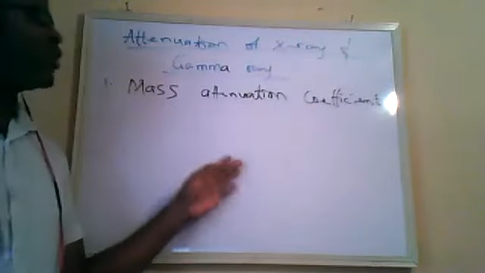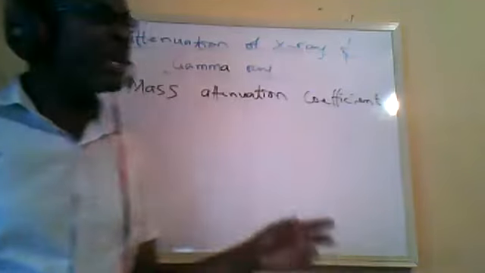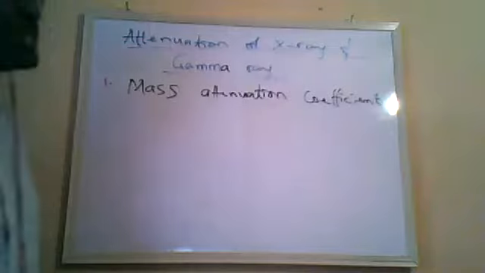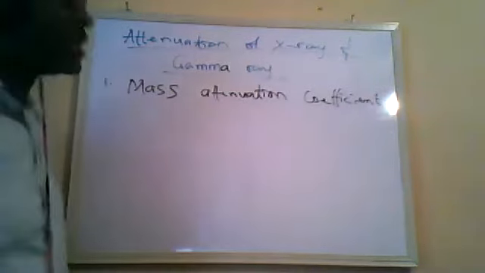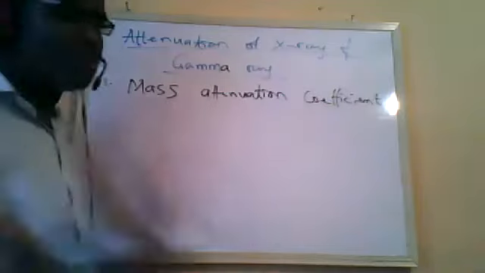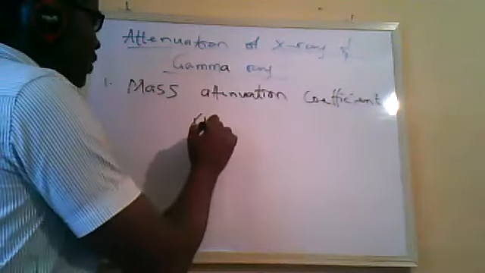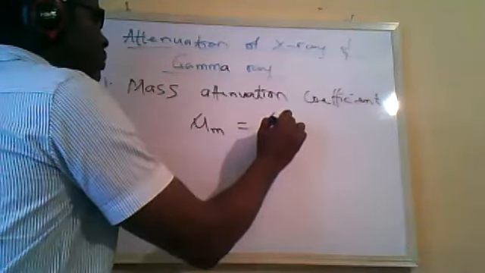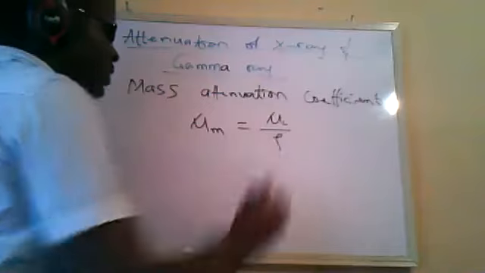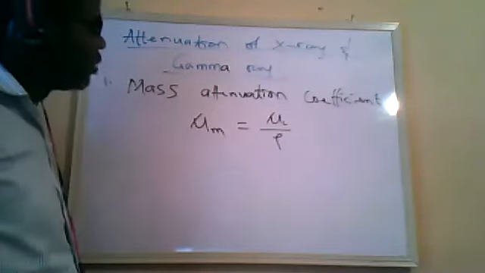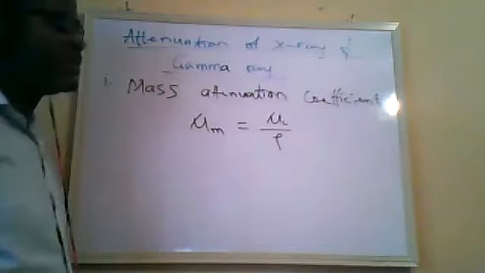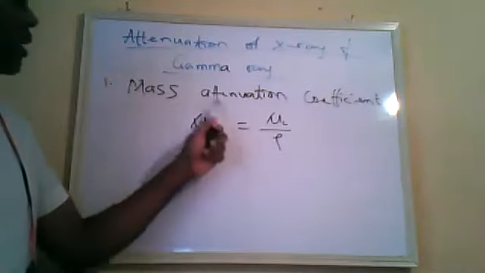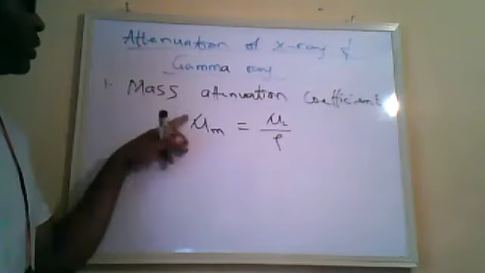Then linear attenuation coefficient is no longer useful. We bring in a term called mass attenuation coefficient, which doesn't depend on density, because we are talking about a particular material. Mass attenuation coefficient is simply linear attenuation coefficient over density, which helps us to describe the mass attenuation coefficient of the material.